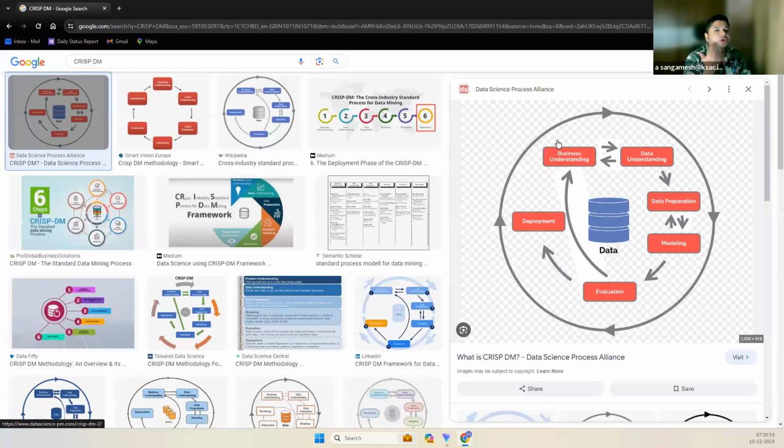You ask the business what you want, what is your problem. Then the business is going to provide the problem. The business analyst will sit and understand the problem and communicate it to the data scientist and data analyst, saying this is the actual problem and this is how we have to solve it.